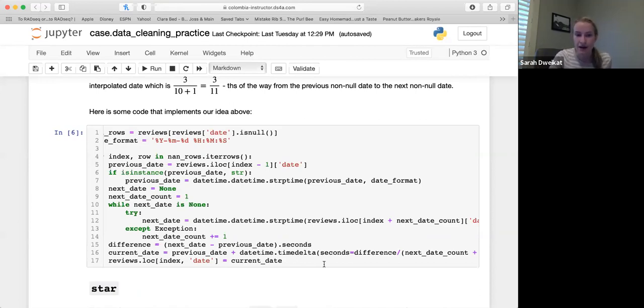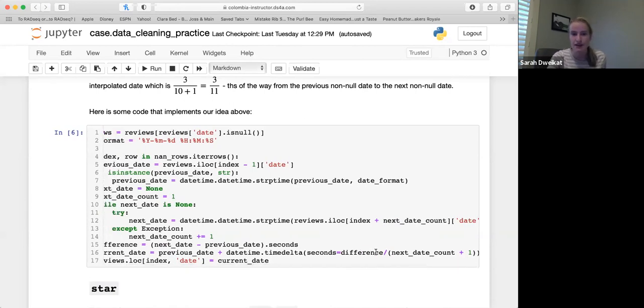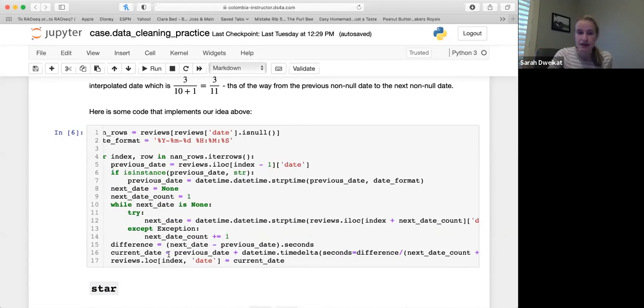And then what we want to do here is make those increments that we talked about. So we take current date equals our previous date, which remember was up here, and we converted it to date time. So we take that previous date plus date time dot time delta.